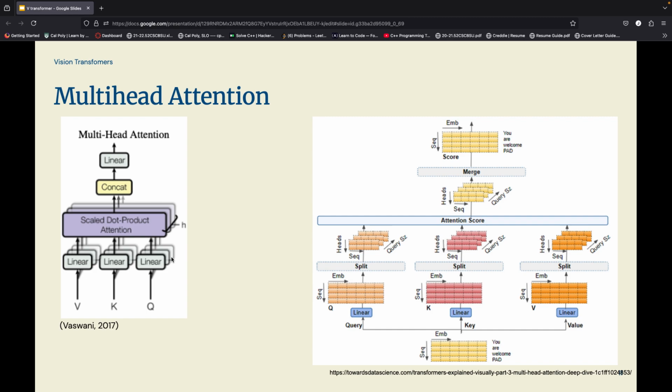Different projections for different heads result in different representations and learning from different positions.